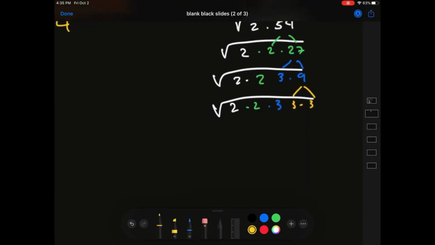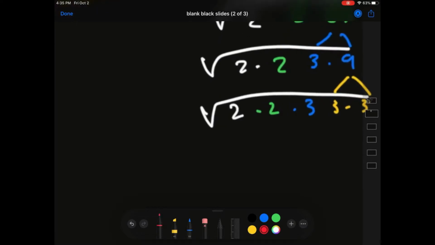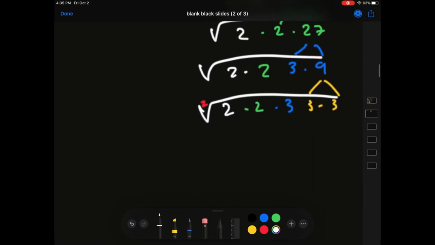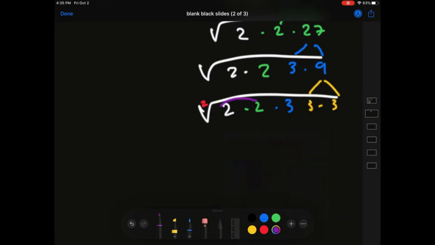Okay, so how does this work out? You remember this little index number is a 2. When you have pairs, they can come out. Watch. It's really 2 times 2, or the square root of 4. So you have one 2 come out.